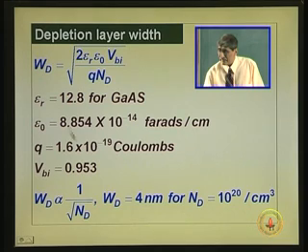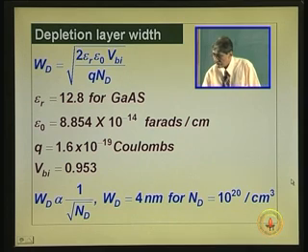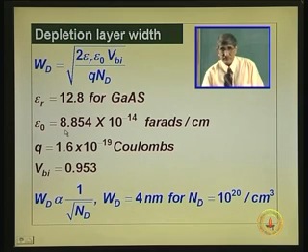Let us take the case of the gallium arsenide material, where epsilon r is 12.8, epsilon 0 is free space, 8.854 into 10 to the power minus 14 farads per centimeter, and Q is 1.6 into 10 to the power minus 19.